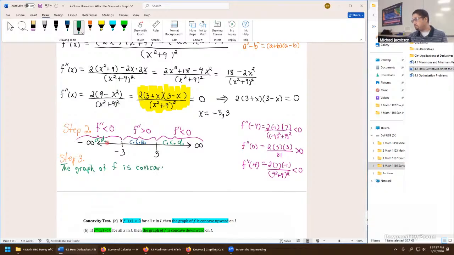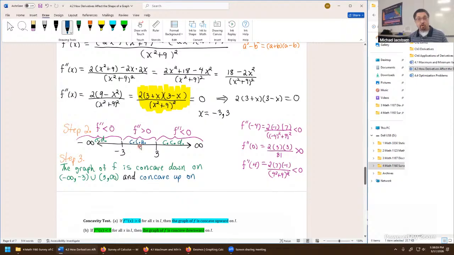Concave down on -infinity up to -3 union, again, symmetrically to the right here, from 3 to infinity, and concave up on just the region in the middle.